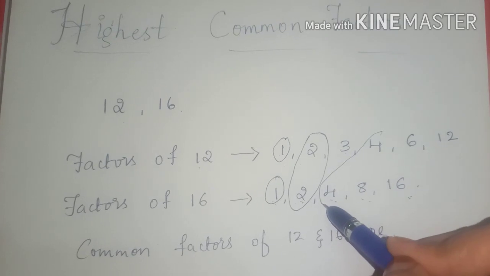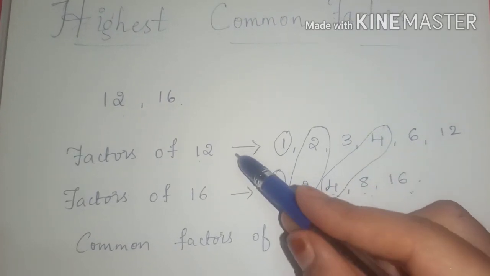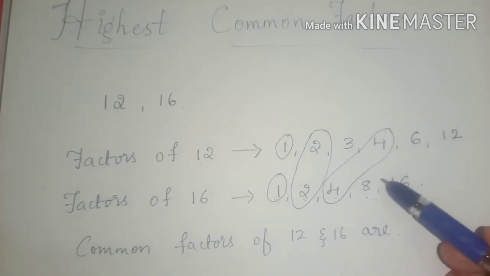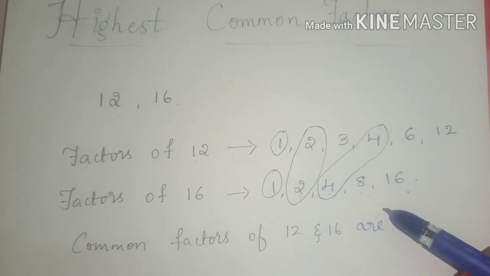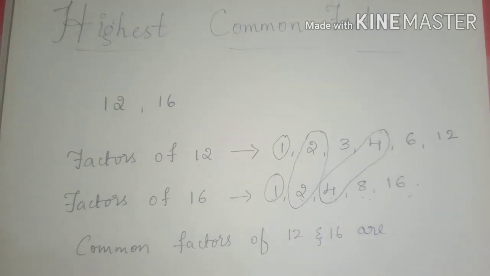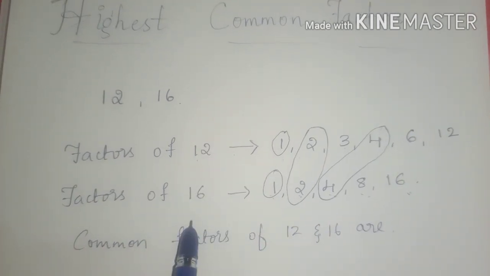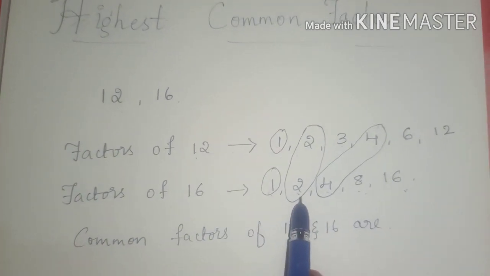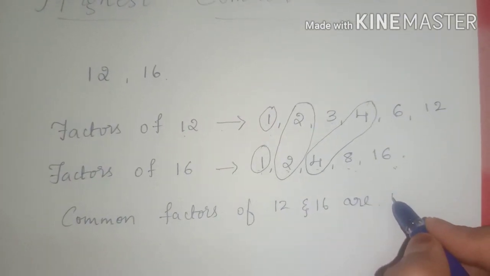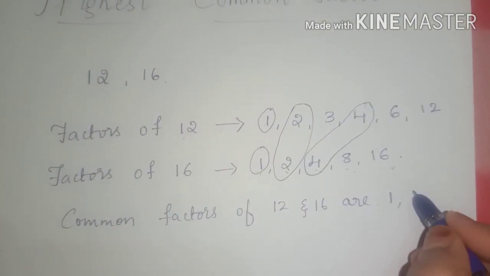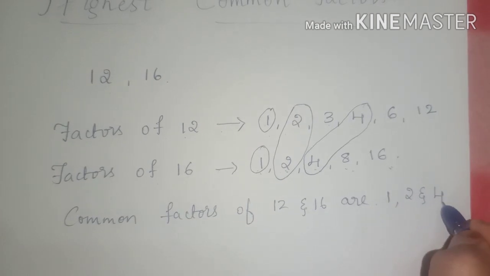Common means it should be a factor of both 12 and 16. So 6 is not a common factor, 8 is not, and 12 and 16 are also not common factors. So which are the common factors of 12 and 16? 1, 2 and 4. Write down: the common factors are 1, 2 and 4.